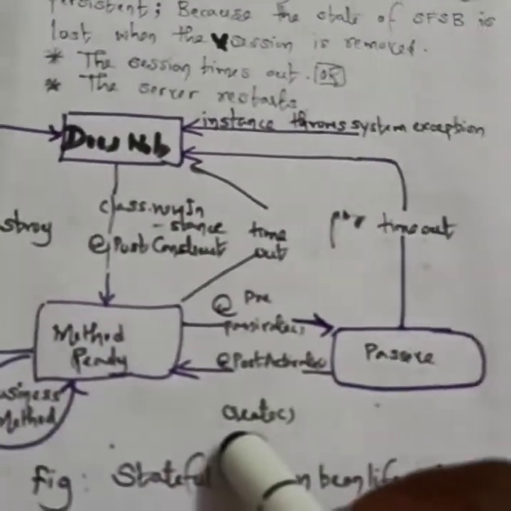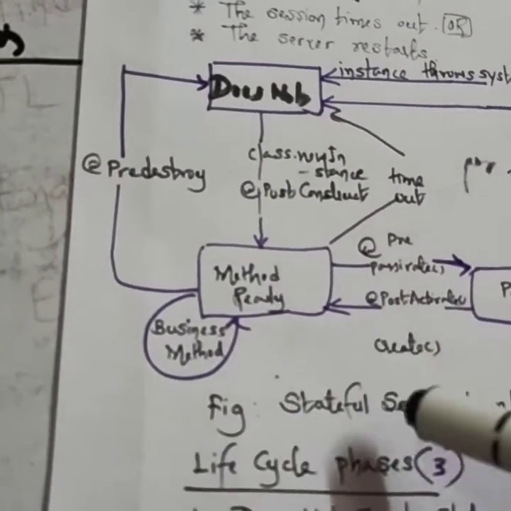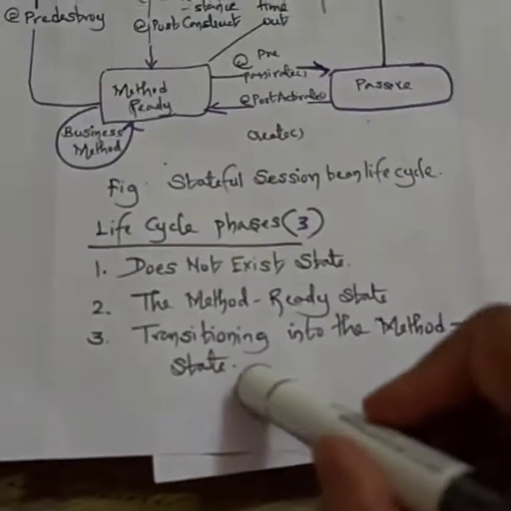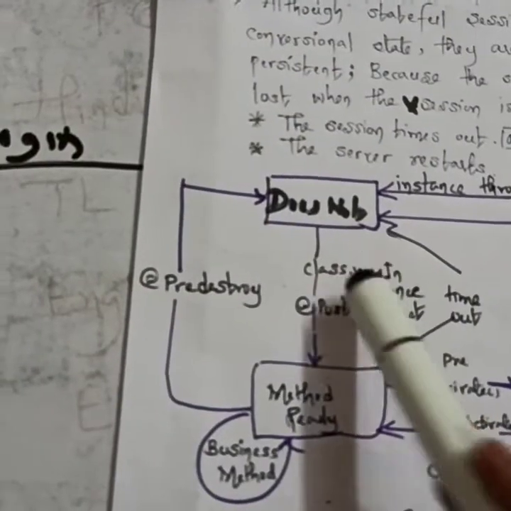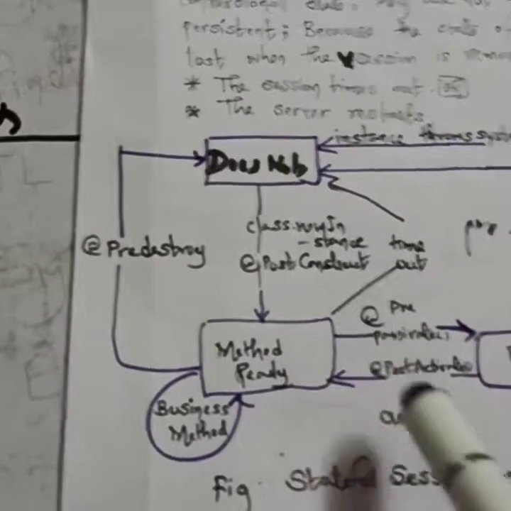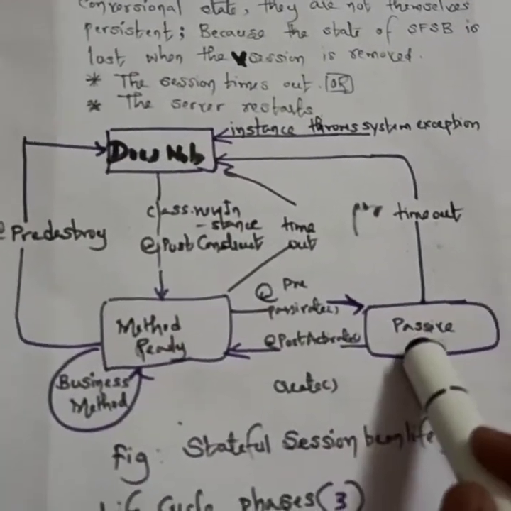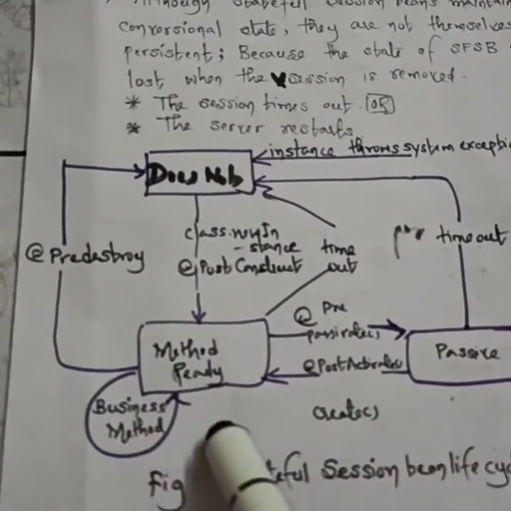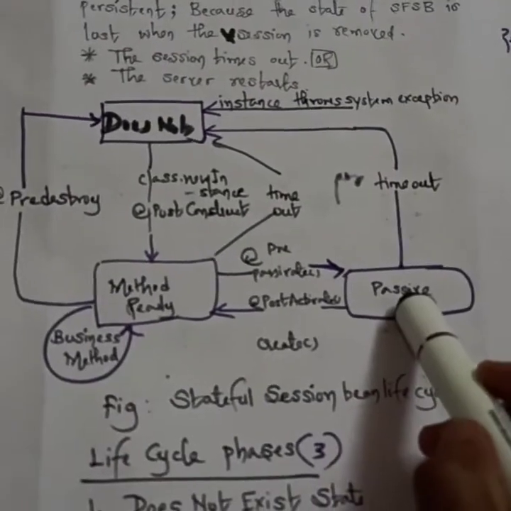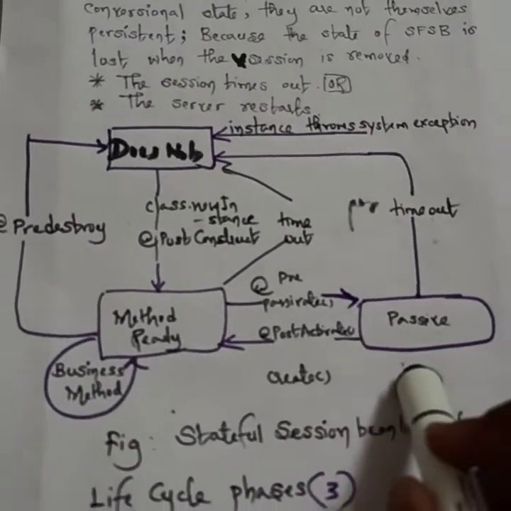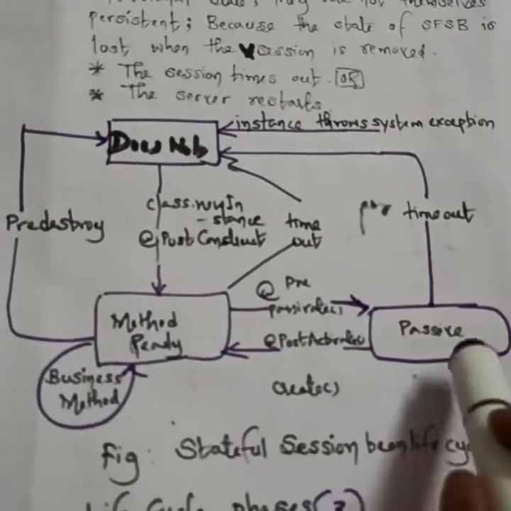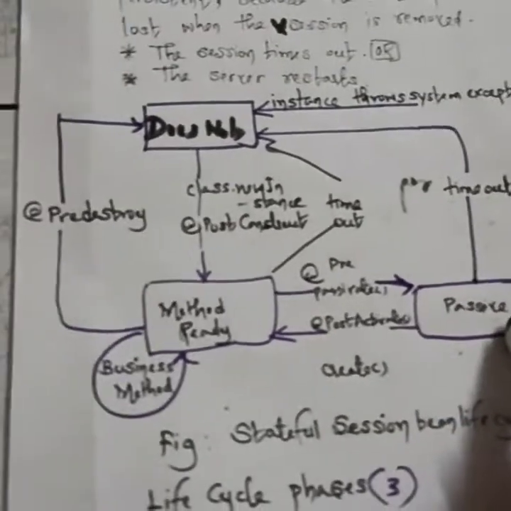Next, we discuss transitioning into the method ready state. How does the stateful session bean transition from the passive wait state to the method ready state? Passive means the instance is not in a position to provide a service; it is not available right now.